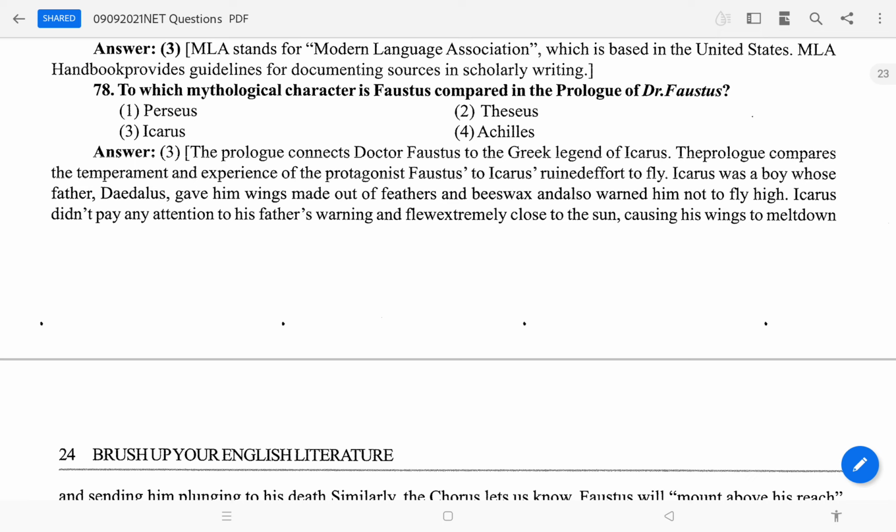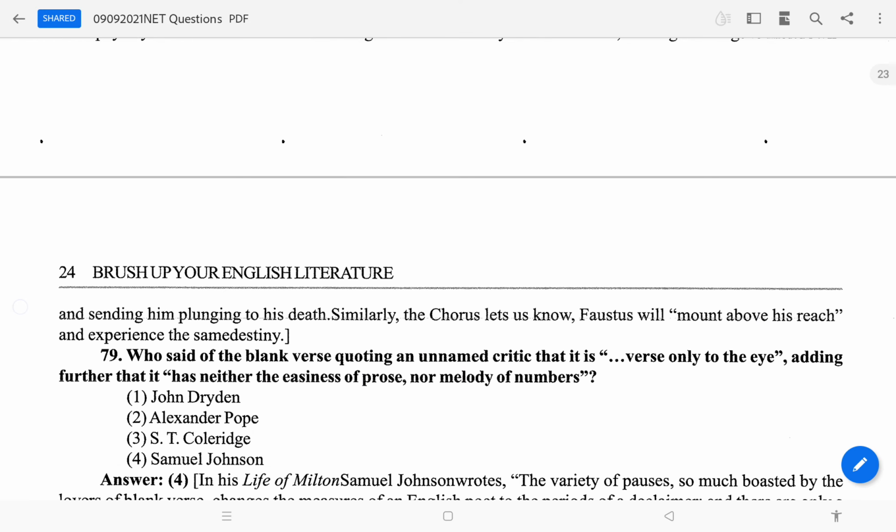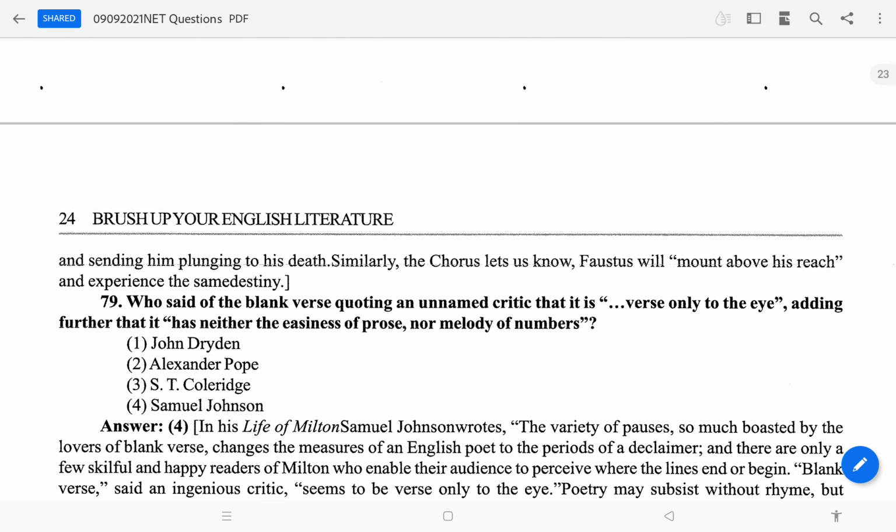But Icarus did not pay any attention to his father's warning and flew extremely close to the sun. So when he flew extremely close to the sun, his wings melted, sending him plunging to his death.